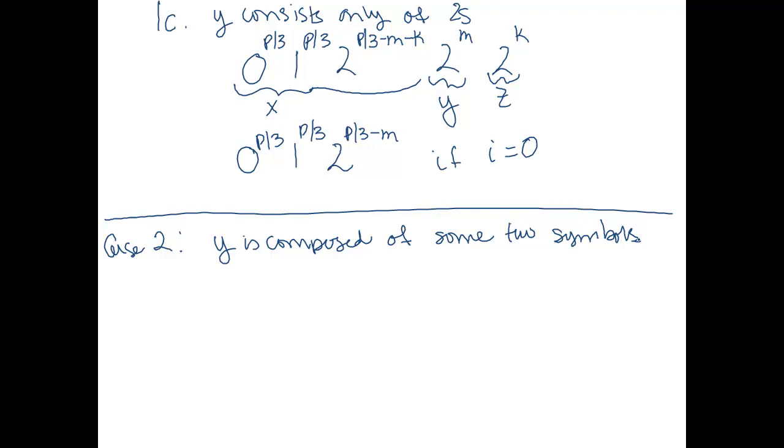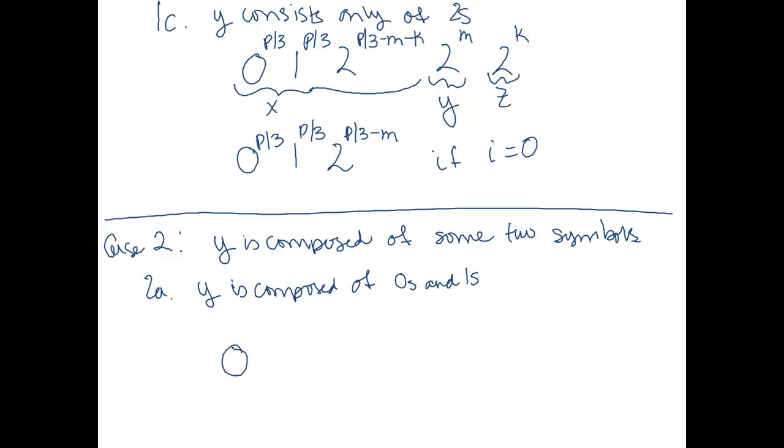So 2a is y is composed of zeros and ones. What we're saying is that y could lie across the boundary between 0 and 1. It could have some zeros and some ones in it. Okay, so what does our string decomposition look like here?